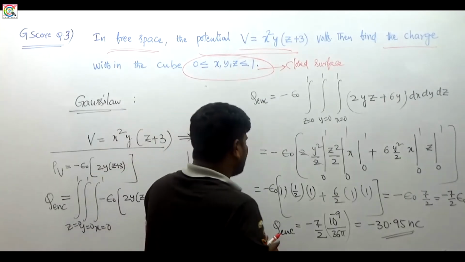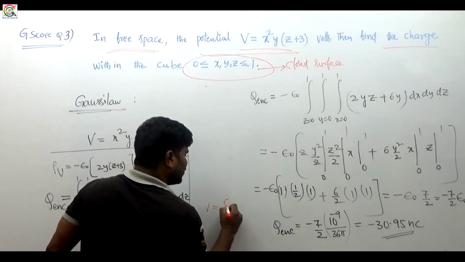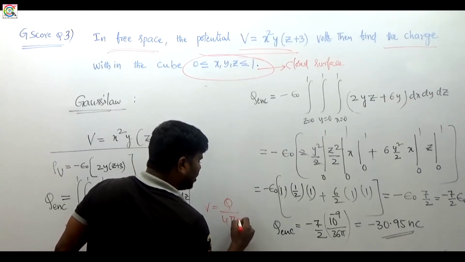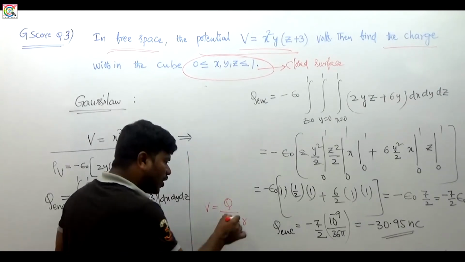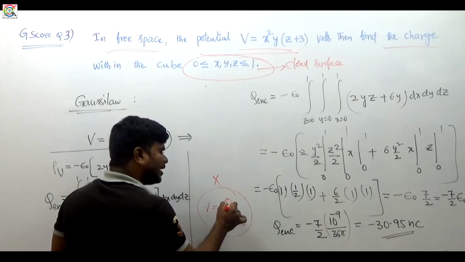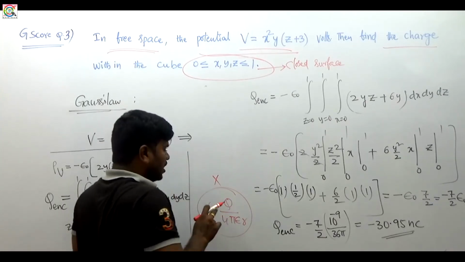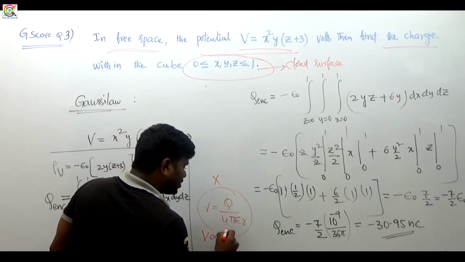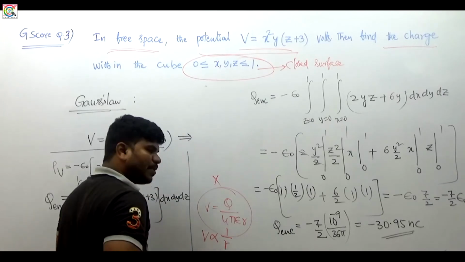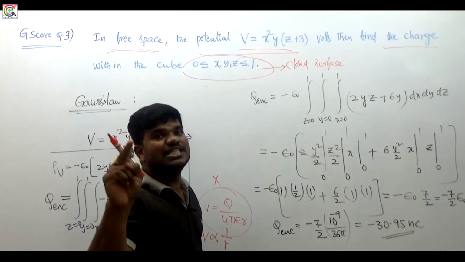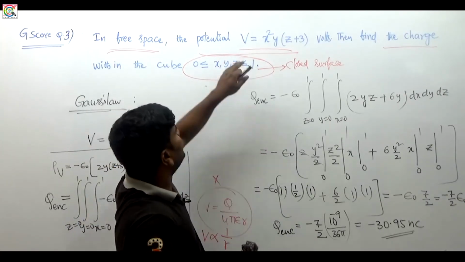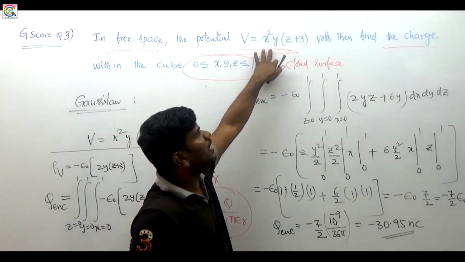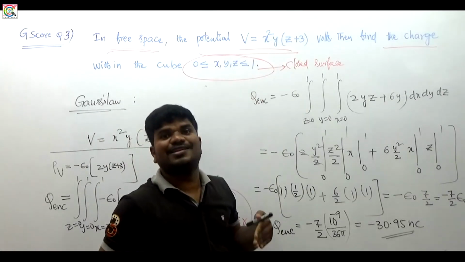So you cannot use V equals Q divided by 4 pi epsilon R to calculate Q, because here V is not inversely proportional to the distance, right?